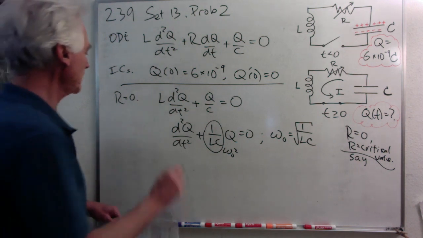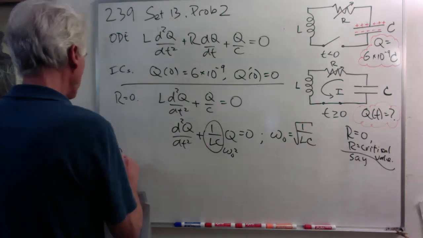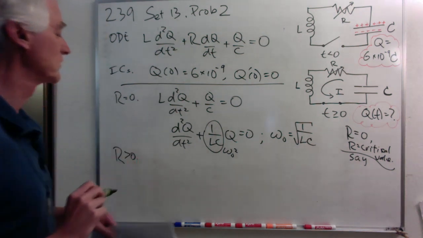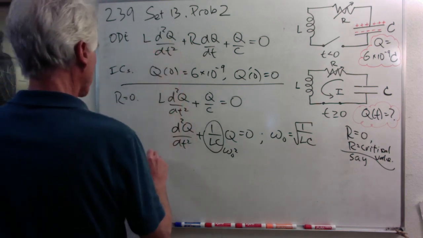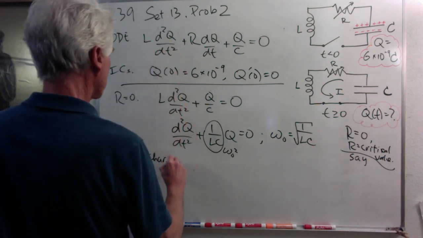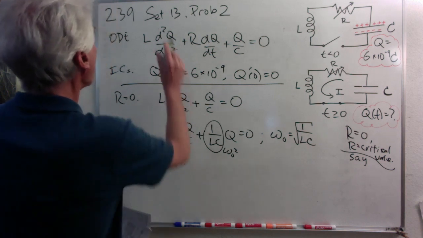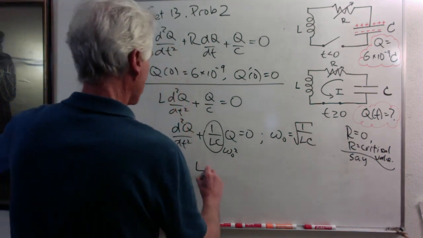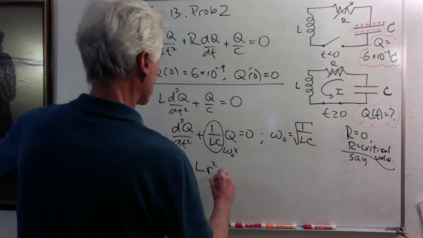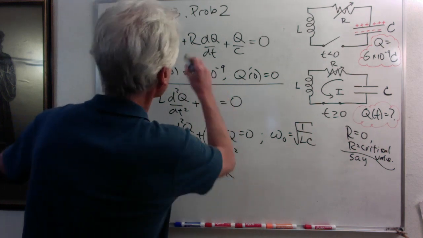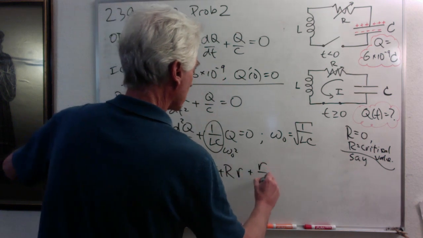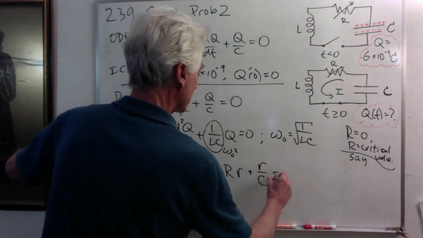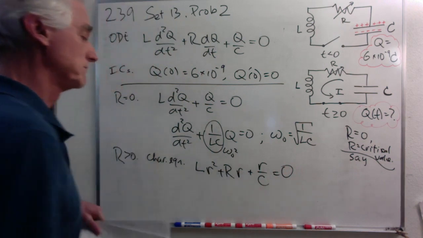Okay? Now let's think about R positive. When resistance is positive, what we get is the characteristic equation L r squared plus R r plus 1 over C is 0, right?